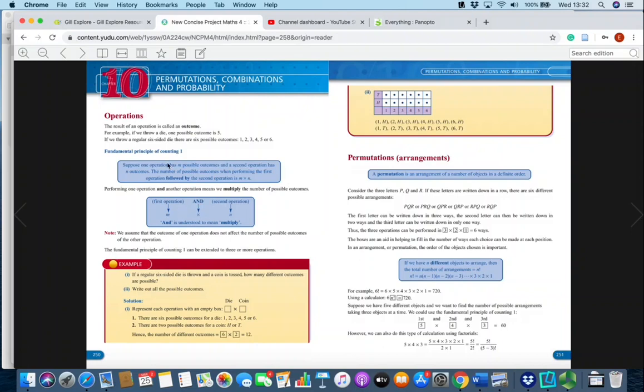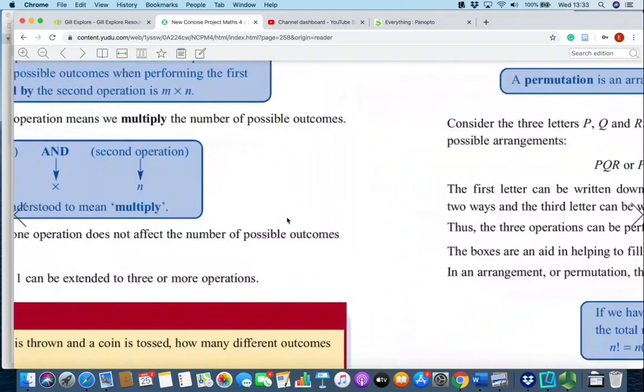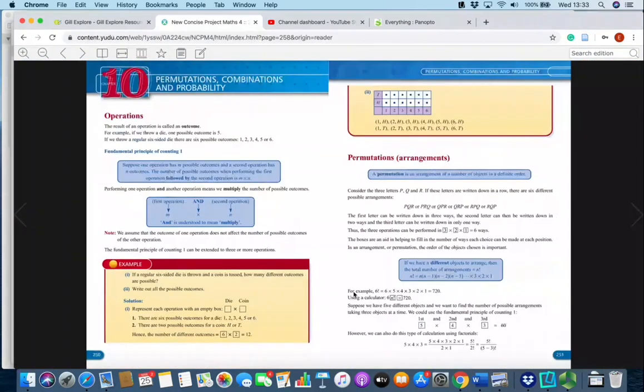Because that first operation, or that first event, had m possible outcomes and the second operation had n possible outcomes, if you're listening closely, you will have heard the word and in the middle. Anytime you hear that word and, it means multiply your outcomes together. So m by n.